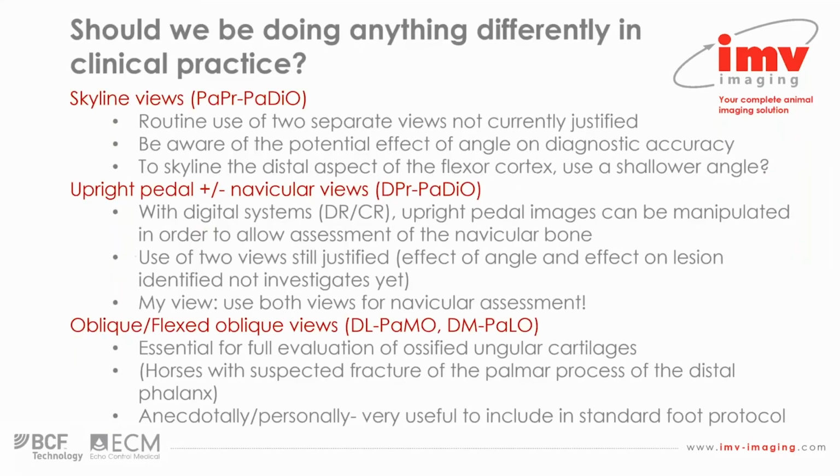And so, in summary, I come back to the final question: should we be doing anything differently in clinical practice? I've just summarised each of the papers very briefly based on my personal thoughts. For skyline views, I think the use of acquiring two separate views is not currently justified.